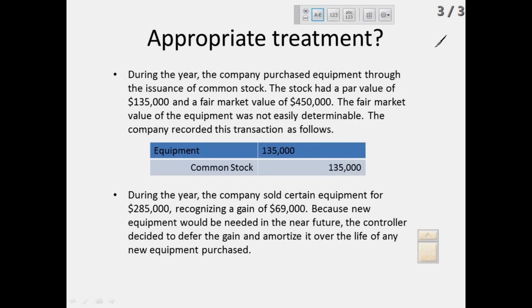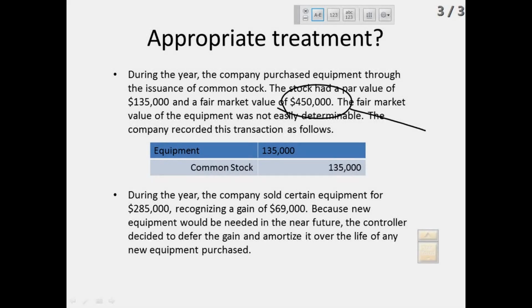What is the best evidence of what I'm paying you? Well, I'm paying you shares of my stock, which I know I could have sold in the open market for $450,000. Just because it's the market value doesn't mean it's not the historical cost. If I were to first sell the shares, I would get $450,000, and then I'd have to give you that money and buy the equipment.